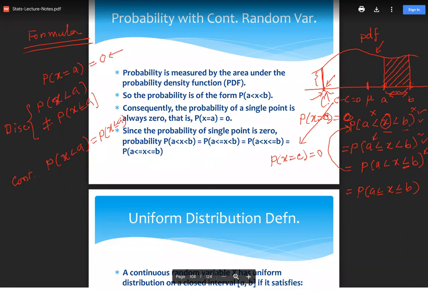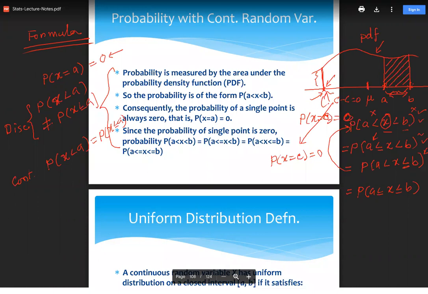All right, so that's pretty much what is in this slide. So main thing from this slide you should know is that probability defined in the continuous case as area under the density function or area under the function or density curve.